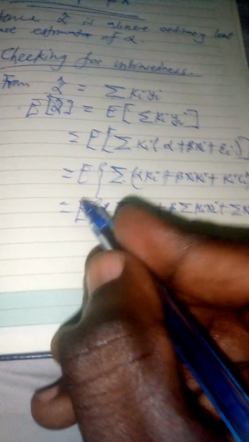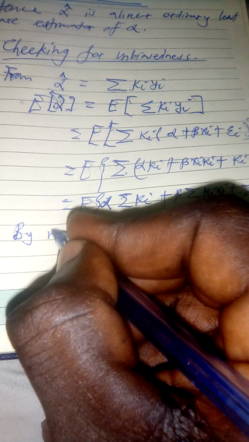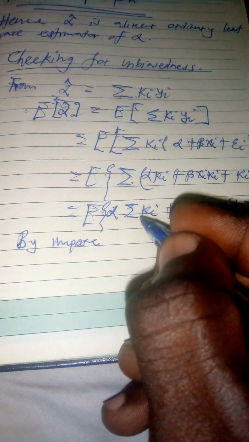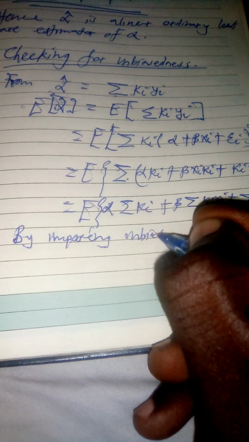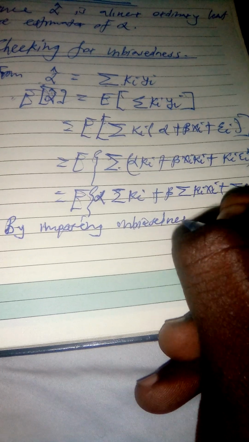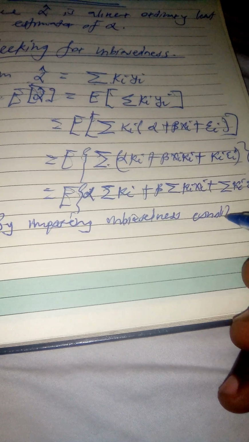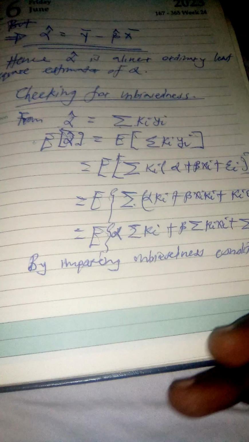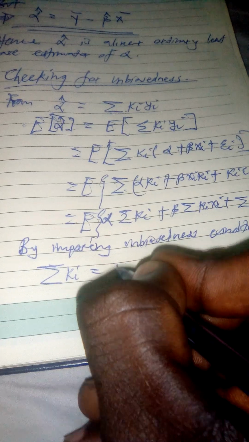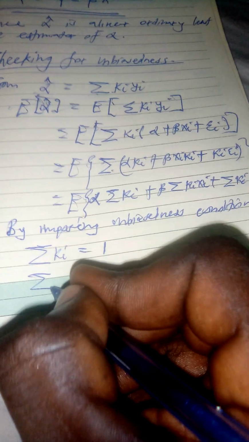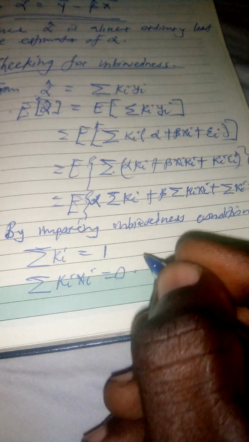By imposing unbiasedness as conditions, we know that the summation of ki will always give us 1, and the summation of kixi will equal 0.